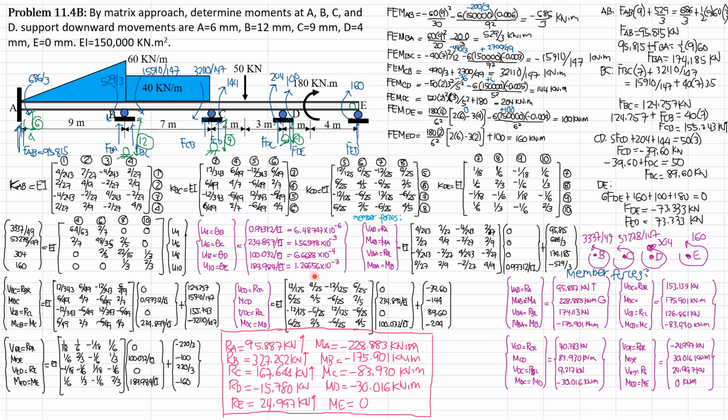From here, we can now compute the member forces. So force P1 is shear AB, which corresponds to RA, moment AB, which is the moment at A, shear BA, which is RB left, and moment BA, which is moment at B. Because in matrix, moment at B is moment BA.